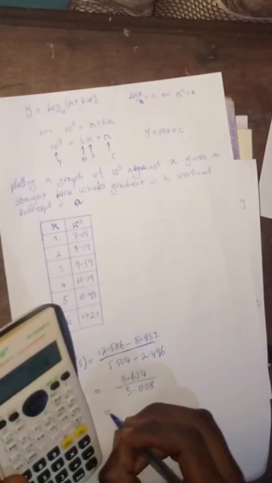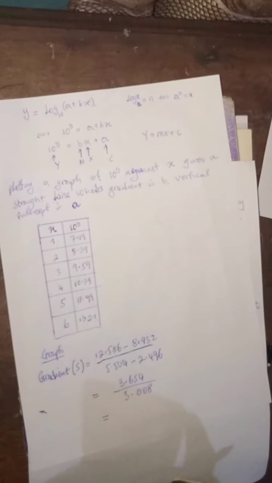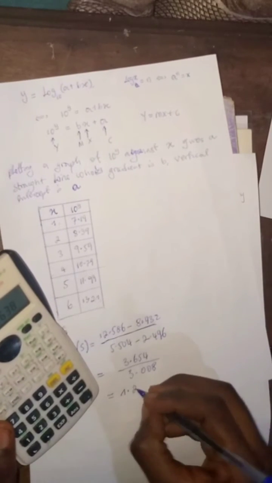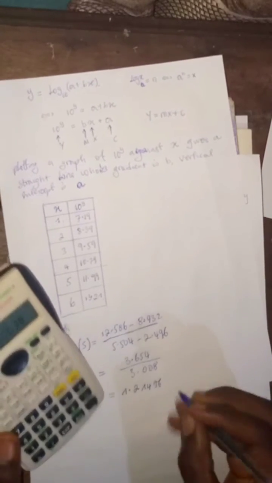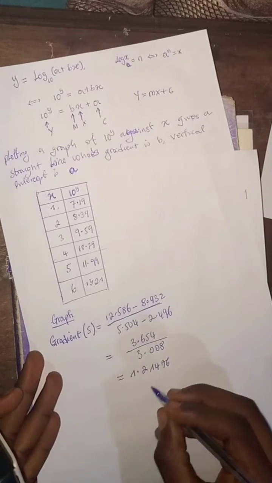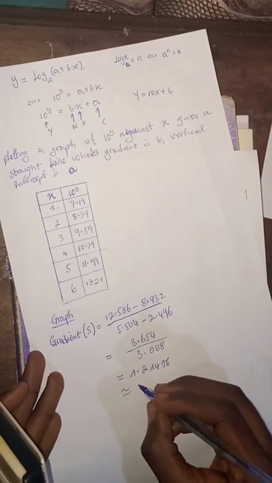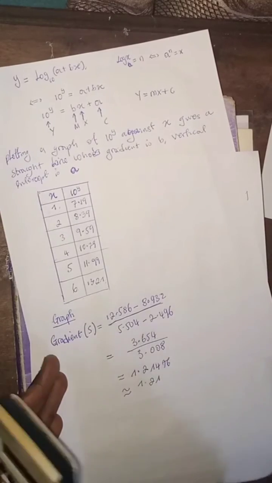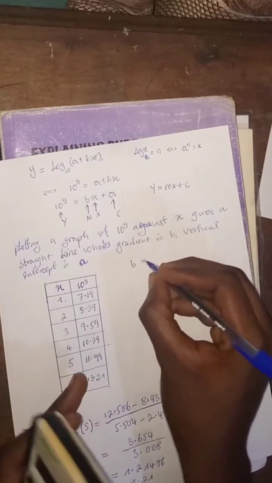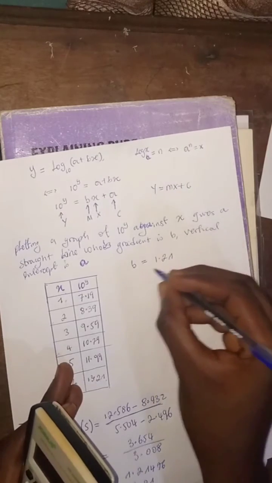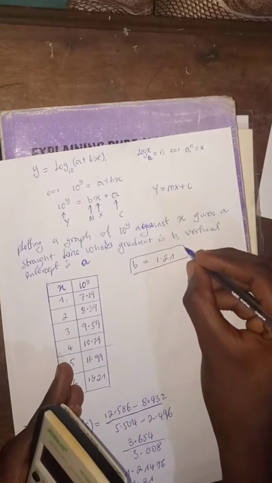When you divide this, I'm going to have 1.21476. Then approximating to the nearest two decimal places, I have 1.21 as my value. So since B is the gradient of my graph, it means that B is 1.21. So that's the value of B obtained from the graph.